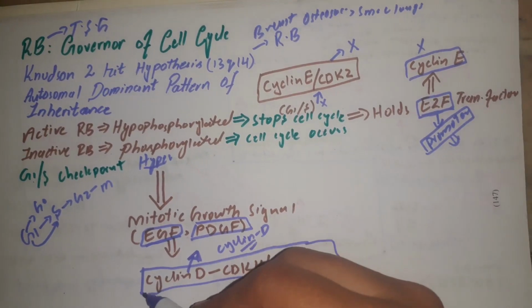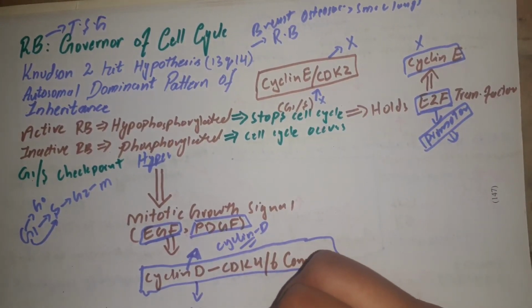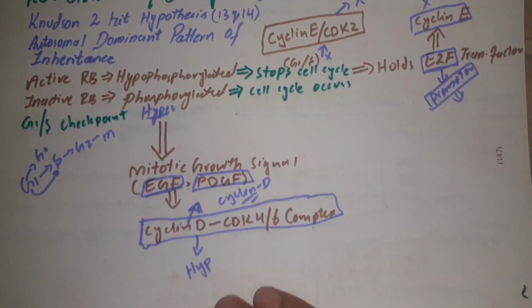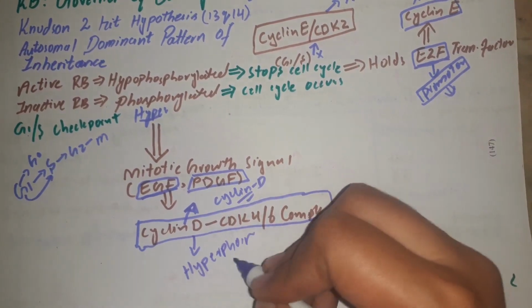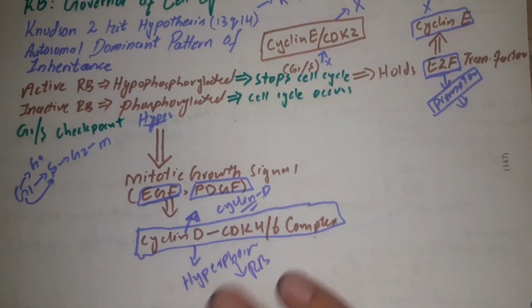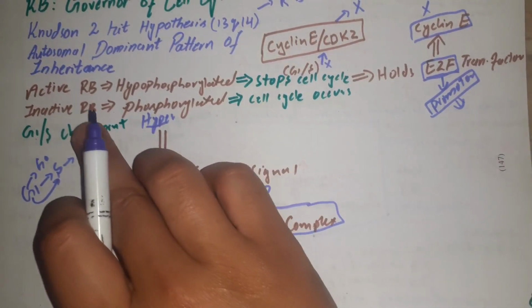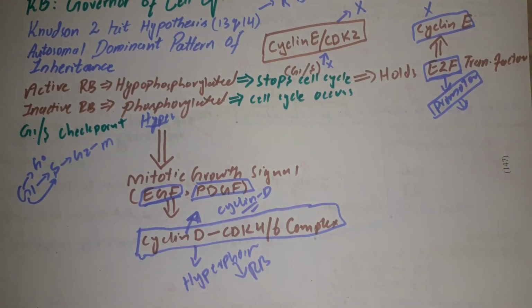What does this complex do? This complex hyperphosphorylates the retinoblastoma. When retinoblastoma becomes hyperphosphorylated, what happens? It becomes inactive, and this whole process occurs and the cell cycle occurs.